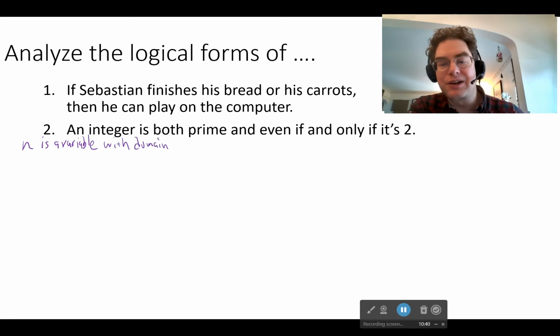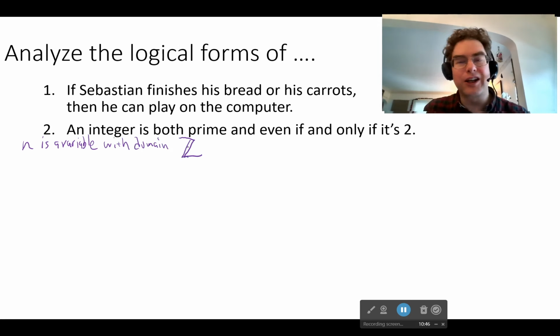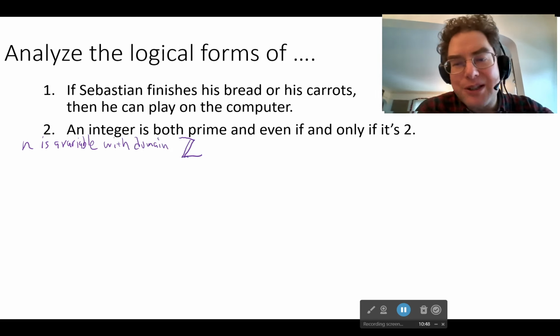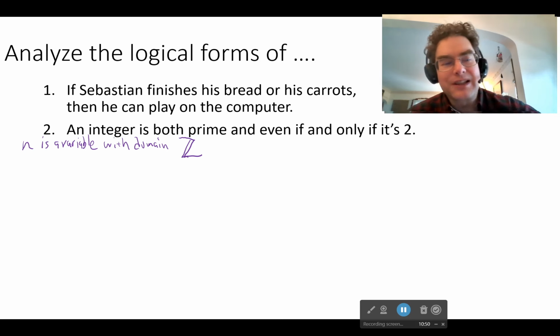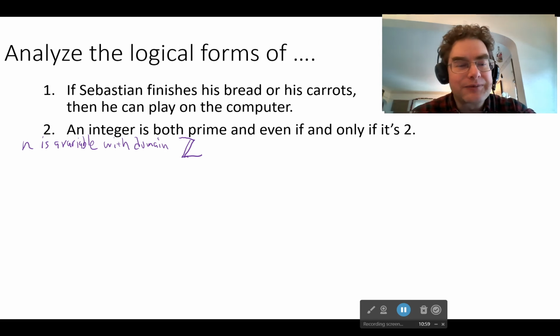Well, we know we're talking about an integer here, and so we need to have the Z. Z represents the set of integers. That's the right domain for our variable. Again, very important to introduce that for symbolic form purposes, even though we don't see the variable appearing in the natural language sentence. We know really it needs to be there, and it is there behind the scenes.